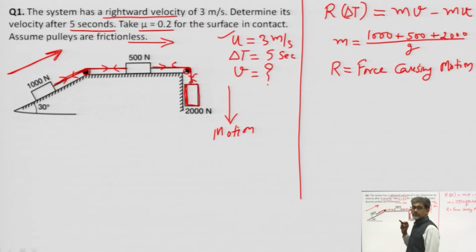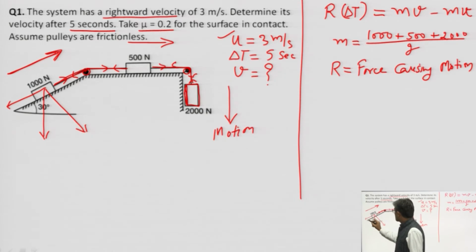What it means is that the force acting on this block in that direction needs to be calculated, and that is very simple to calculate. How? By the weight component along the inclined plane and perpendicular to the plane.